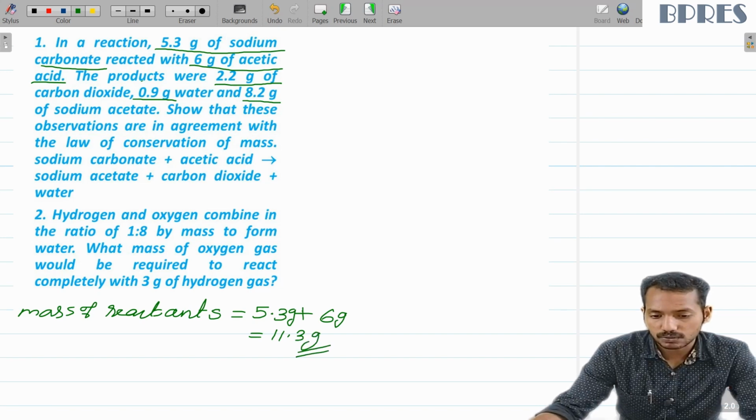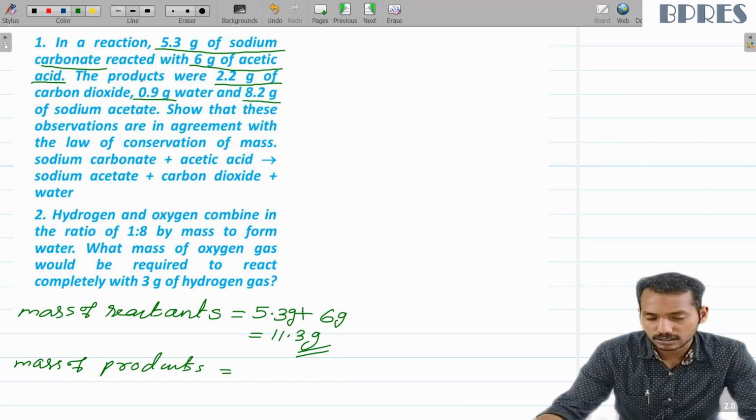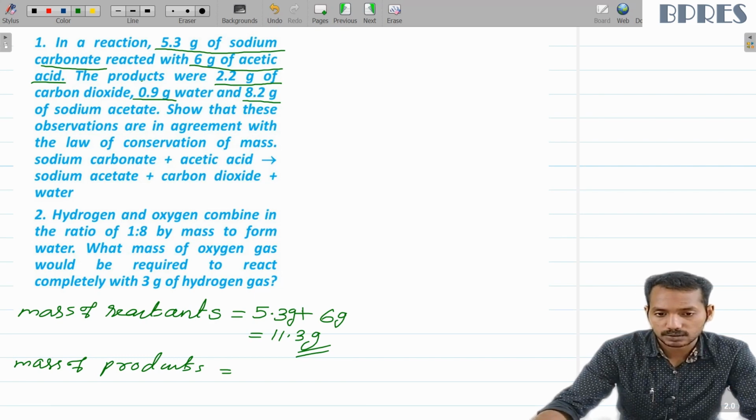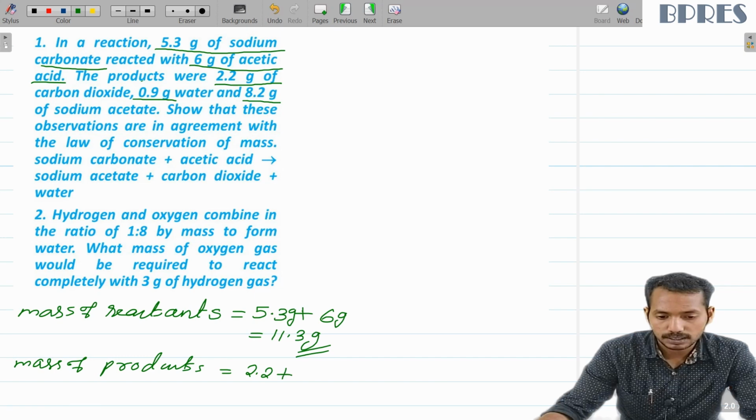Now what is the mass of products? Mass of products is equal to, what are the products here? Carbon dioxide, water and sodium acetate. Clear? So 2.2 gram of carbon dioxide plus 0.9 gram water plus 8.2 gram.